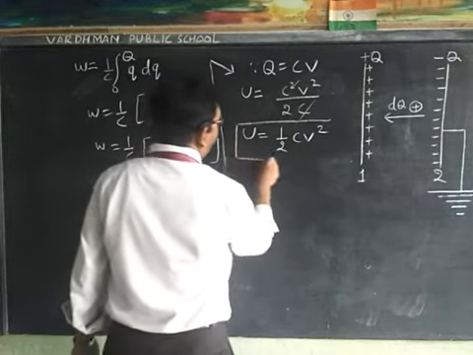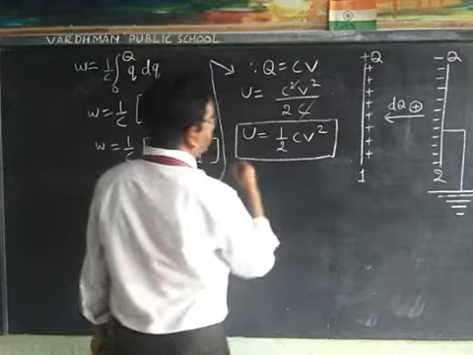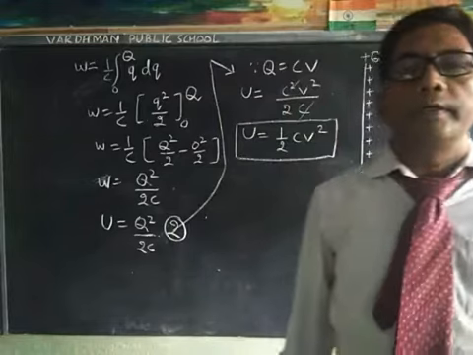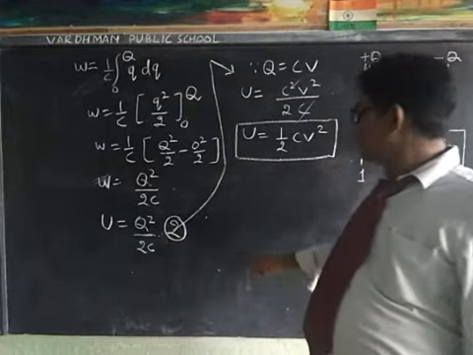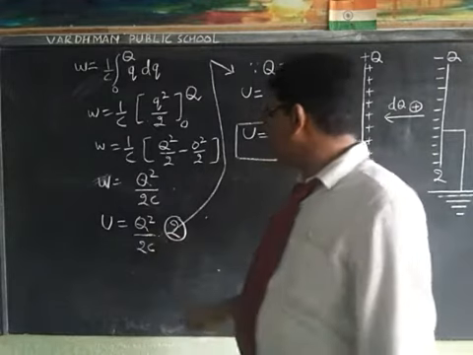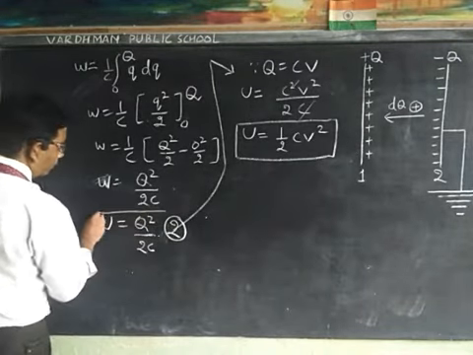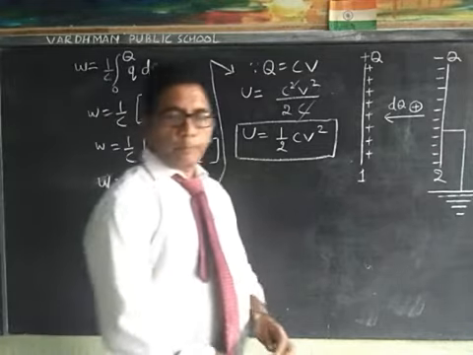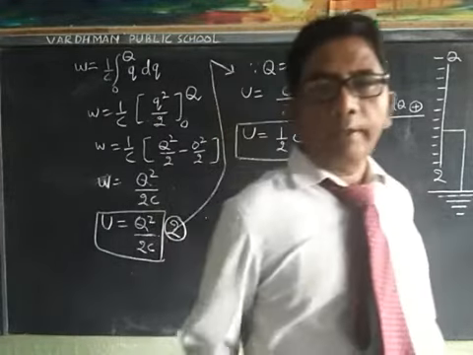This is the formula for the energy stored in capacitors. There are two formulas: U is equal to Q square upon 2C, and U is equal to half CV square.